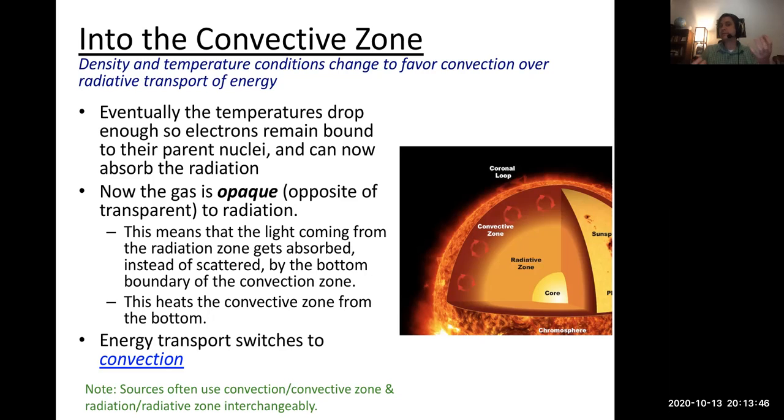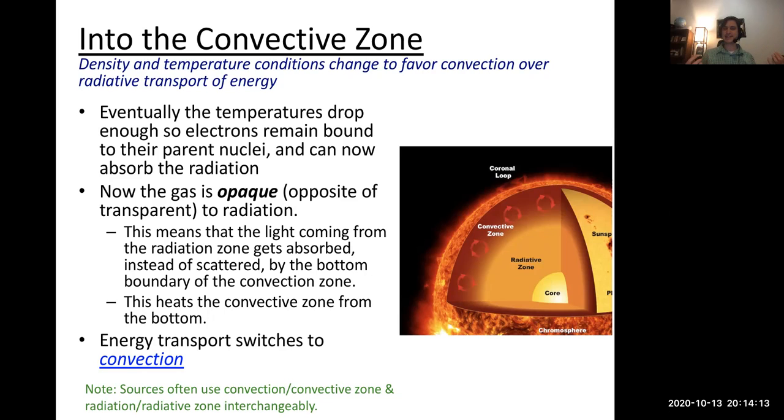It might still be slightly ionized, but you now have electrons on the atoms, which means if you have an electron that you can move through energy levels, all of a sudden that photon that bounced its way all the way through the radiative zone, once it hits something in the convective zone, it can interact with that electron and make those electron transitions. It can get absorbed all of a sudden.